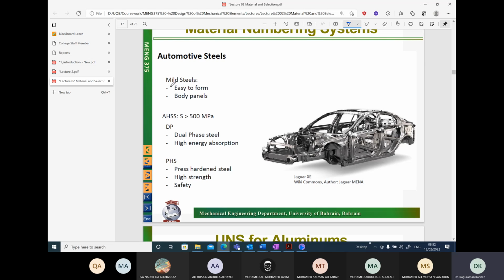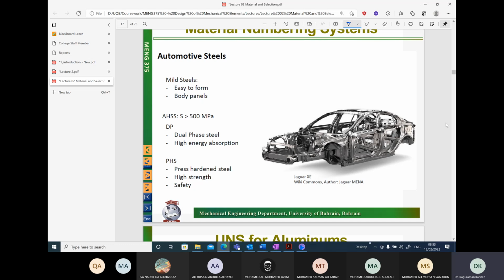So usually plain carbon or mild steels, medium carbon steels, we can use to form into different shapes in your car body. For example, the panels used in the doors, the front part of it covered with the hood, are all formed by these kinds of materials.